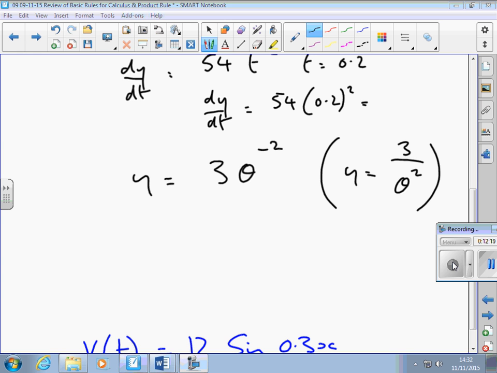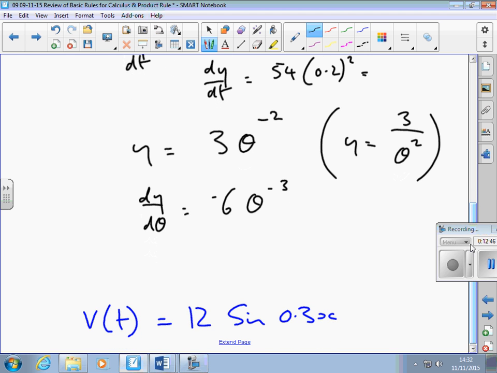If I want to differentiate that function, same rule. Just because it's negative doesn't make any difference. dy by d theta this time would equal minus 2 times 3 is minus 6, theta to the minus 2 take away 1 is minus 3. So you just apply the rule.